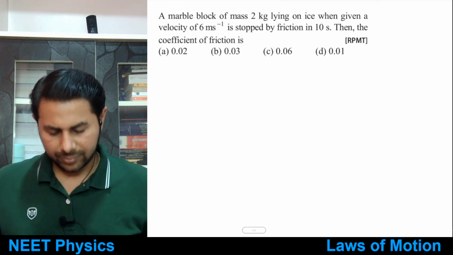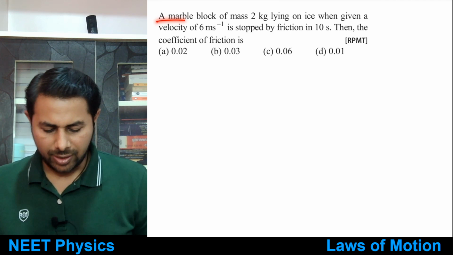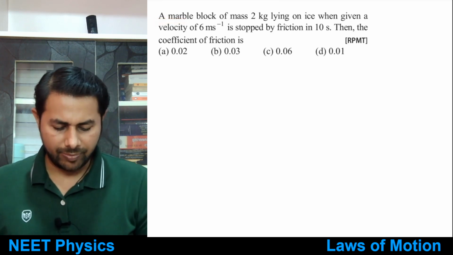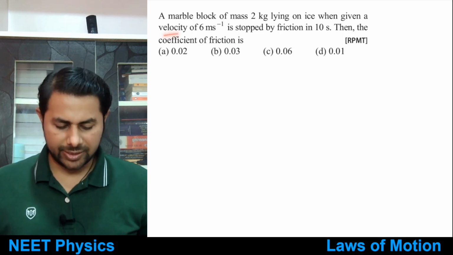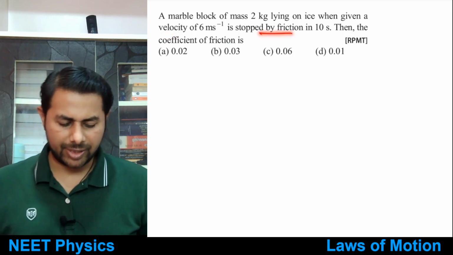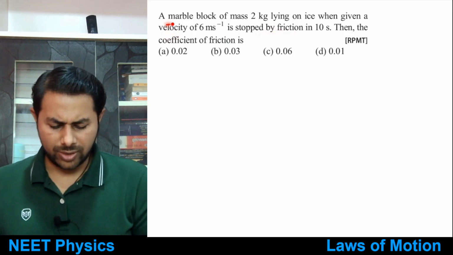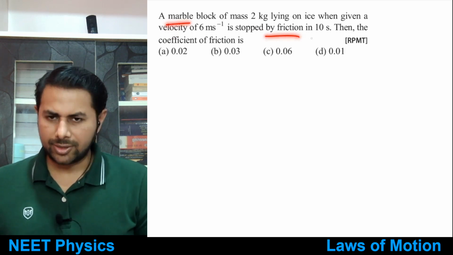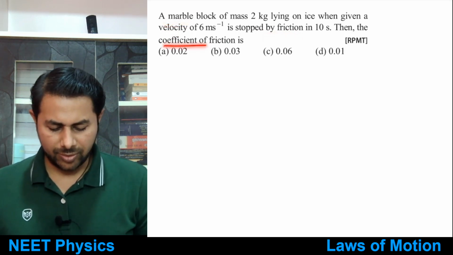Then let's just see one. A marble block of mass 2 kg lying on ice, when given a velocity of 6 meters per second, is stopped by friction in 10 seconds. Then the coefficient of friction is?